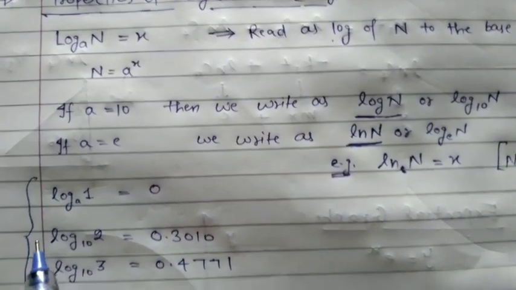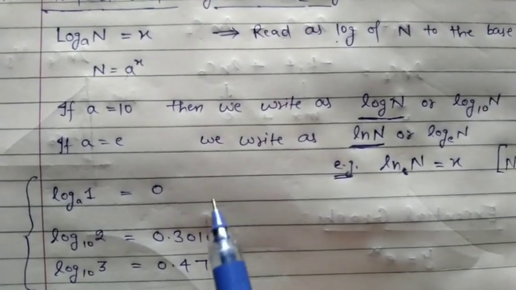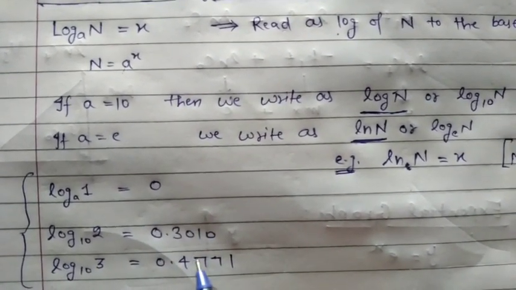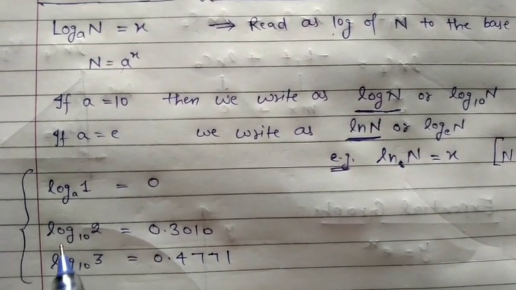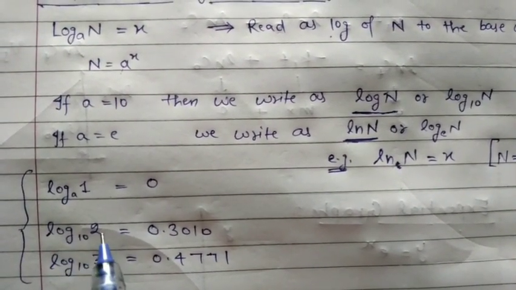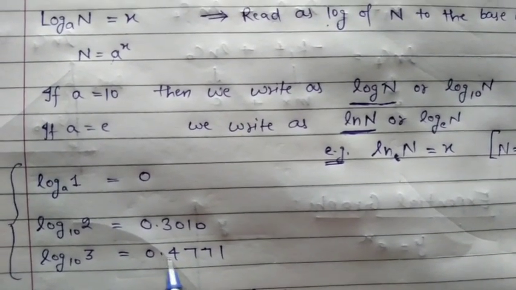We have to remember some 2-3 values so that we can use them directly in questions. The value of log 1 is equal to 0, the value of log 2 is equal to 0.3, and the value of log 3 is equal to 0.4.